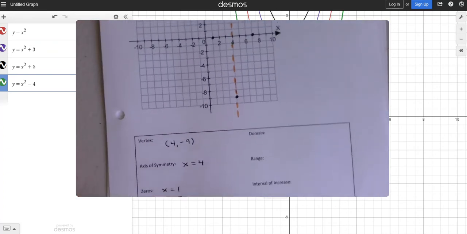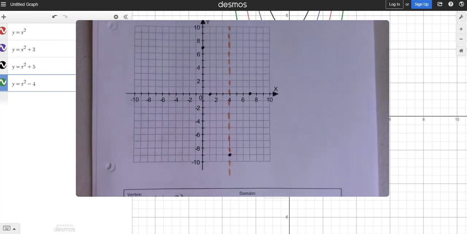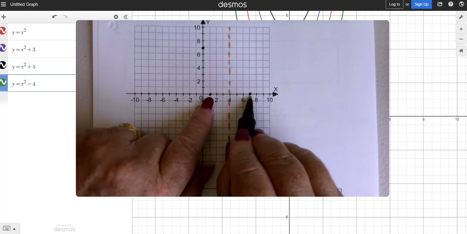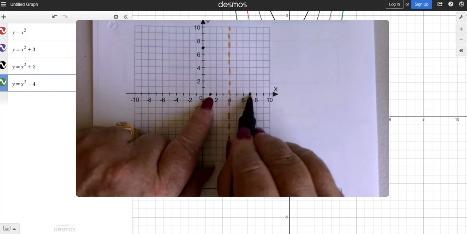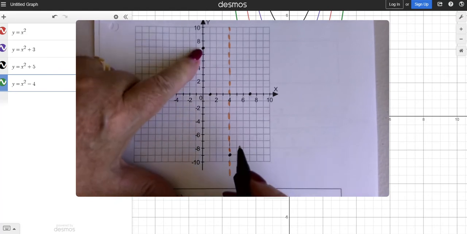Now at this stage of the game, you really can just sketch, but I would like to point one thing out to you. We actually, kind of for free, get an extra point that we could use to help guide us because of symmetry. Right? From the axis of symmetry, notice how for the x-intercepts, one was 3 to the right, one was 3 to the left. Look at the y-intercept.